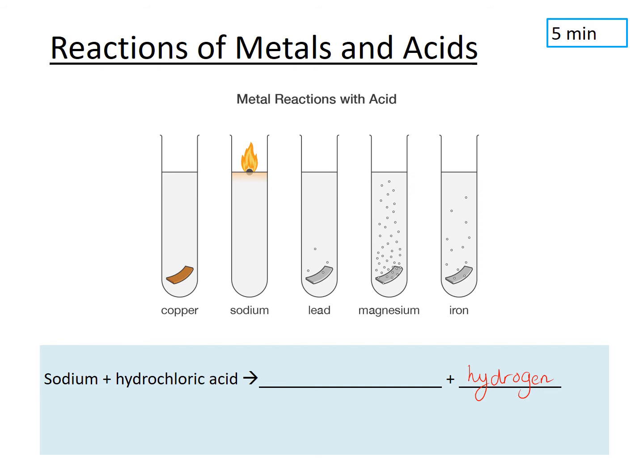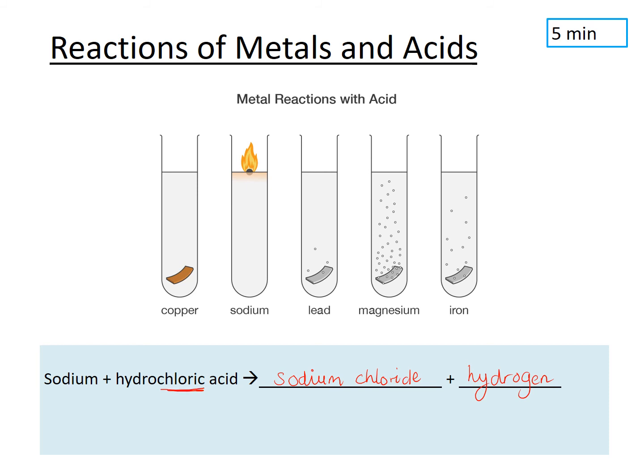I also know that a salt has been made, but I need to say the specific name of that salt. And I'm going to help you figure out what it is. So if you can see, we've got sodium plus hydrochloric acid. So the name of the salt starts with sodium. And because it reacts with hydrochloric acid, the ending is going to be chloride because of this chloric bit.